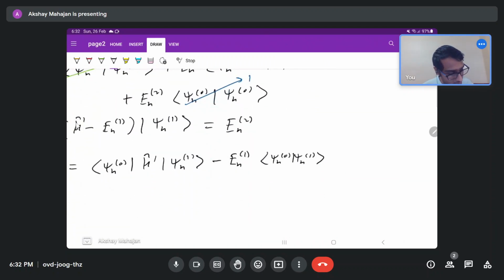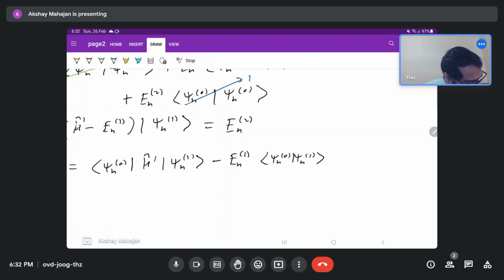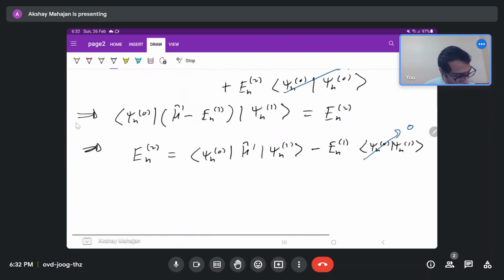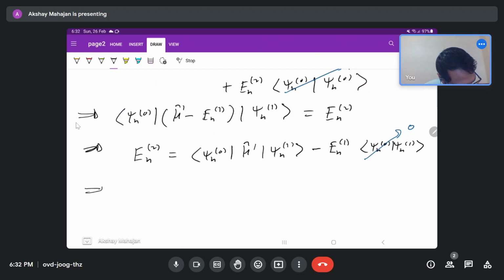So this term is also actually equal to 0. So we simply get E n of the second order correction will simply come as psi n of the zeroth order, H cap prime, psi n of the first order.